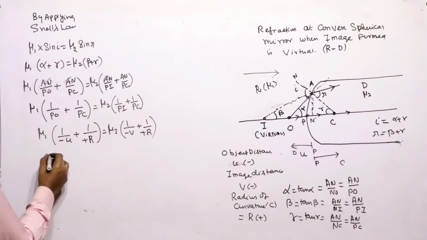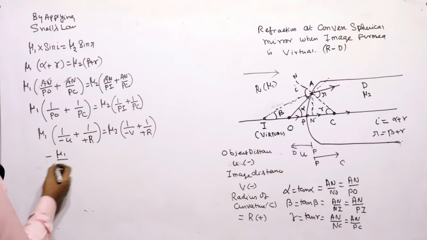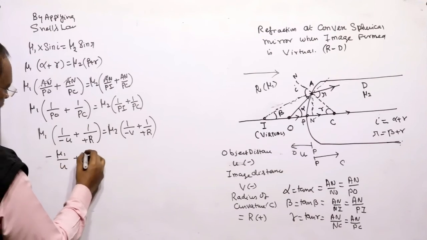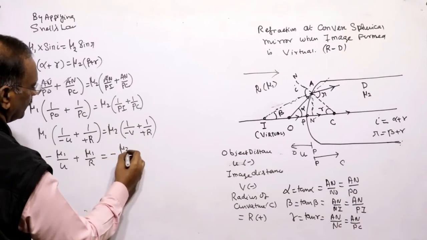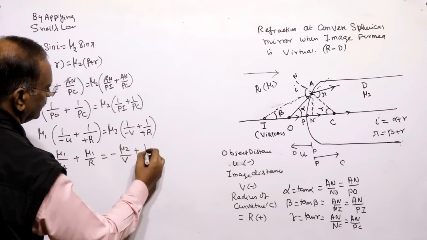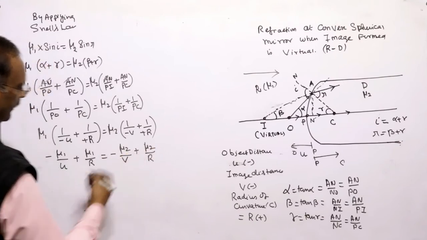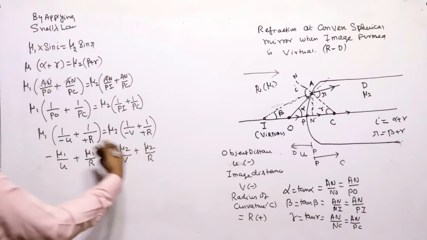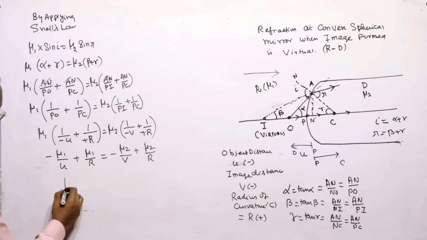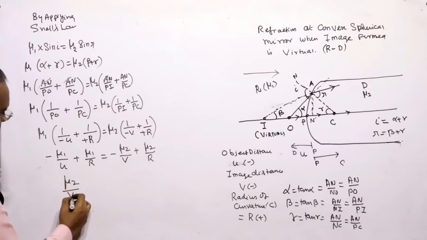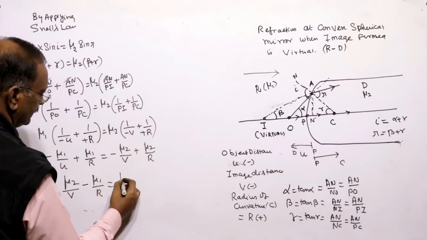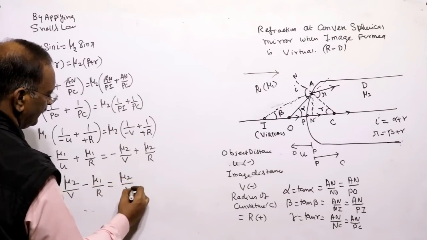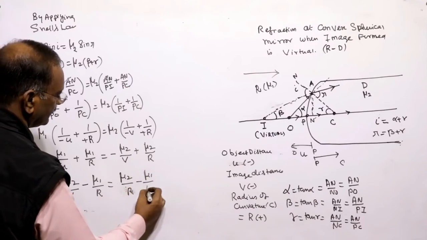This we can write: minus mu1 by u plus mu1 by R is equal to minus mu2 by v plus mu2 by R. Taking terms to the other side, mu2 by v minus mu1 by u is equal to mu2 by R minus mu1 by R.